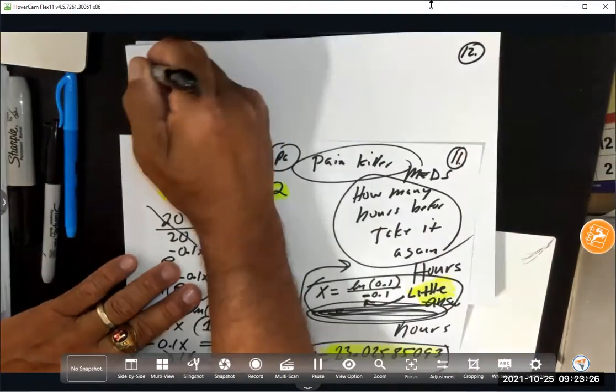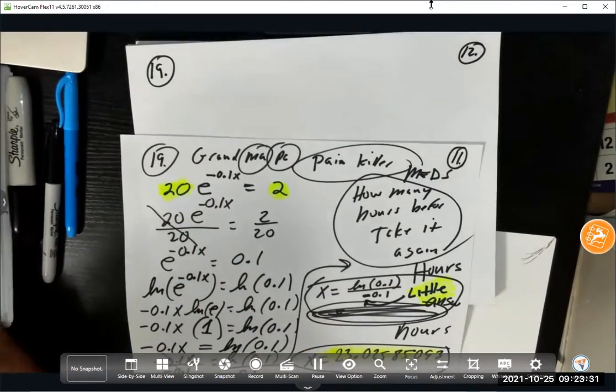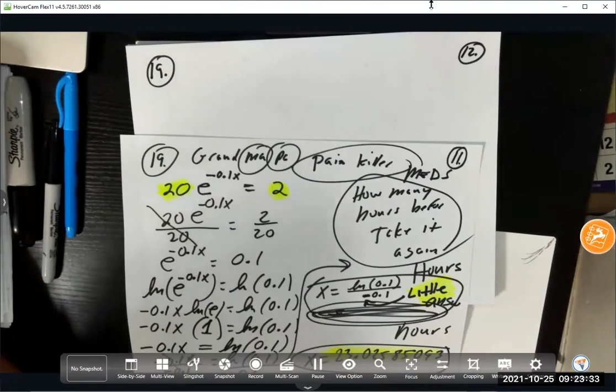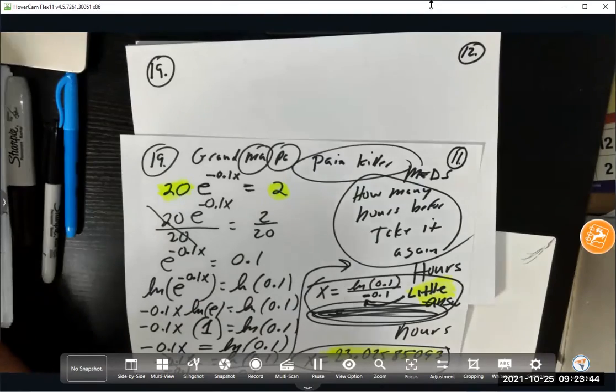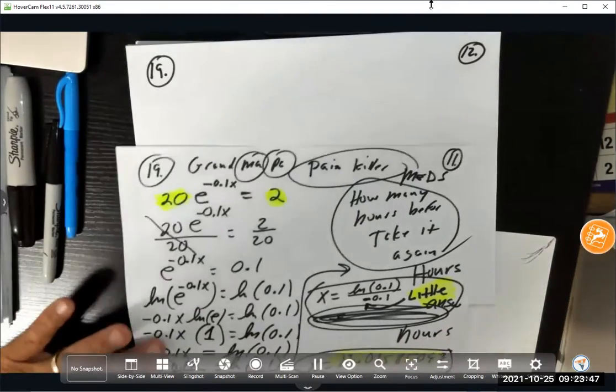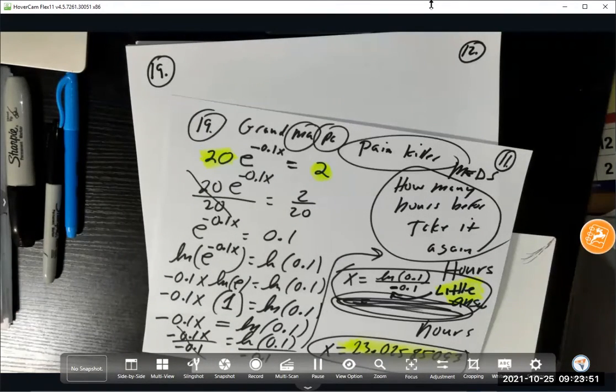All right, number 19 again. Okay. So now, let me see. Let me think about this. Okay, so let's do it this way. All right, so let me go back to this other one.